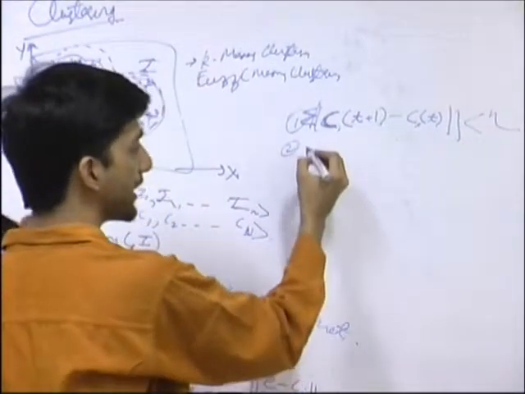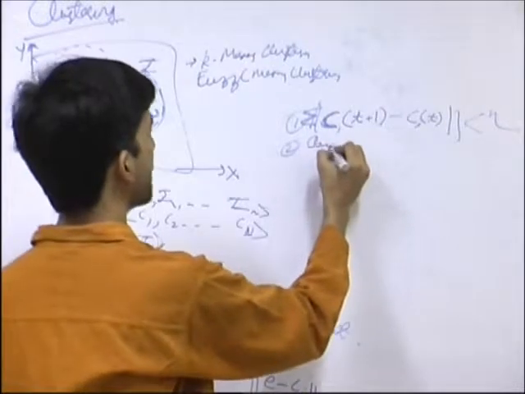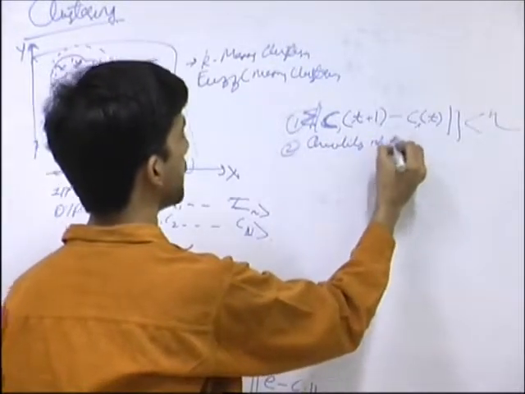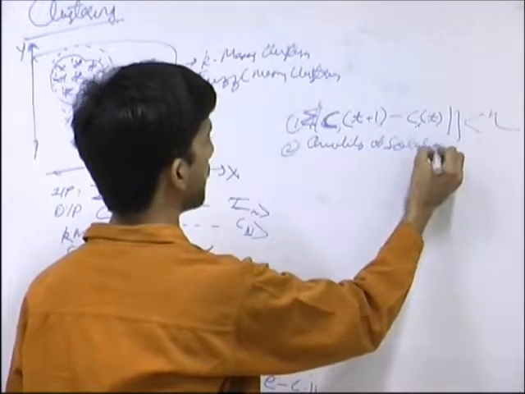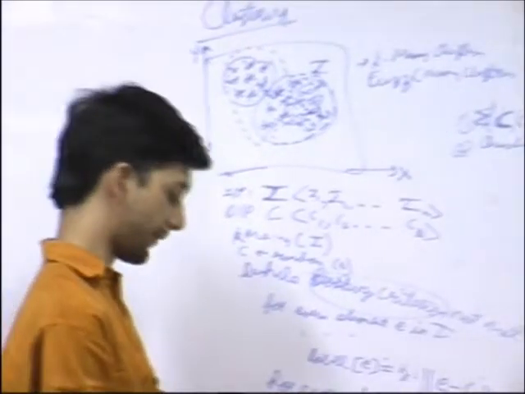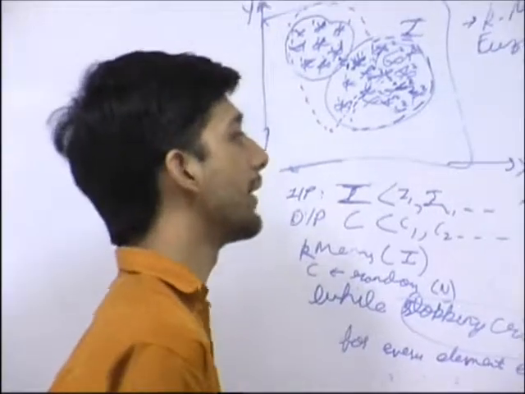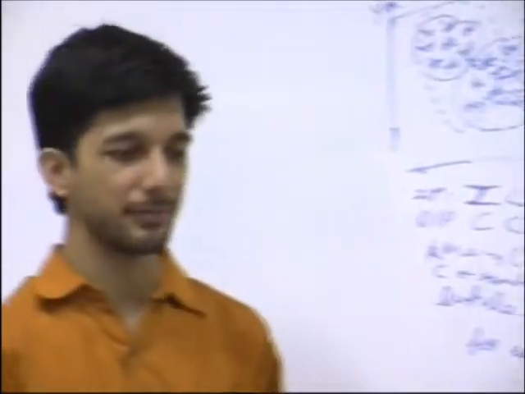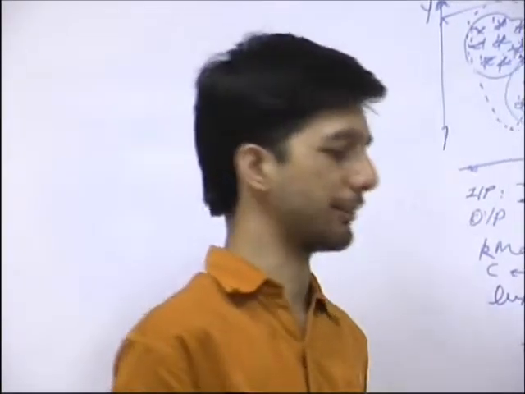The second thing that I can normally say is that if I receive some threshold of quality, I say that my clustering is done. If I receive some threshold quality, I say that the solution that I received is fine, that is enough, that will do. Now quality can be defined in multiple parameters depending upon the algorithm and your requirement.